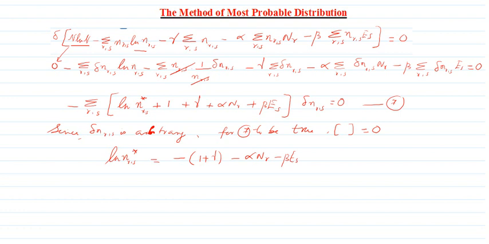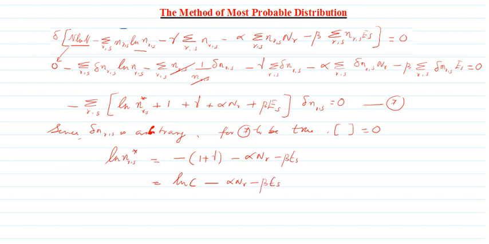Now you know that this gamma is a constant, 1 is also constant, so this is a set of constants, which I can write as the logarithm of another constant. So I am writing minus 1 plus gamma as log C, for mathematical convenience, minus alpha NR minus beta ES.